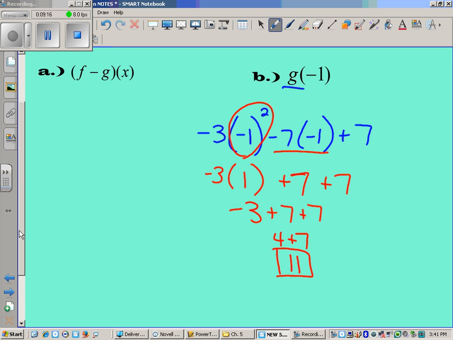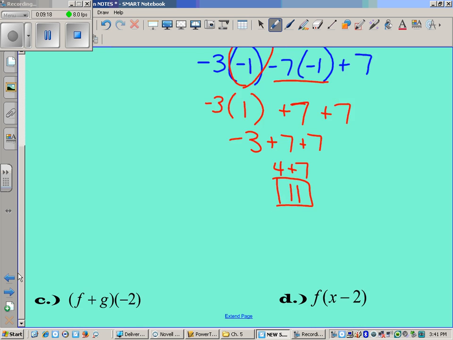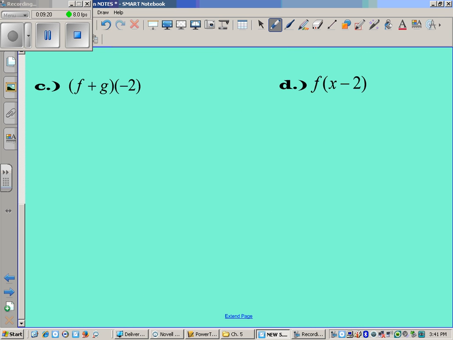Okay, so we've added, we've subtracted, we've plugged in a number. What if I asked you to do those two? So what is C asking us for? C is asking us to add them together first, right? f plus g, but then do what with that negative 2? Plug it in, right?